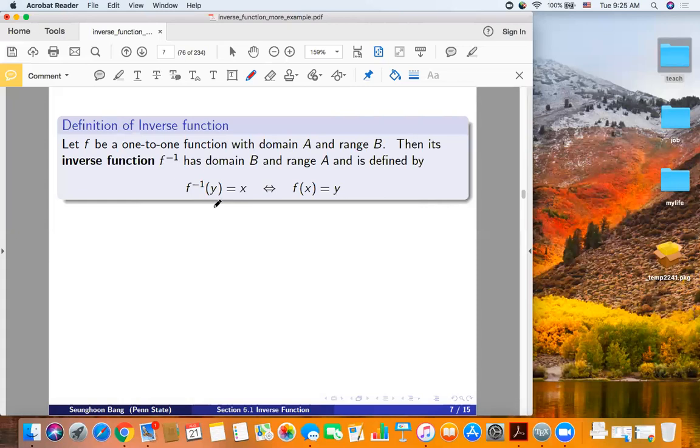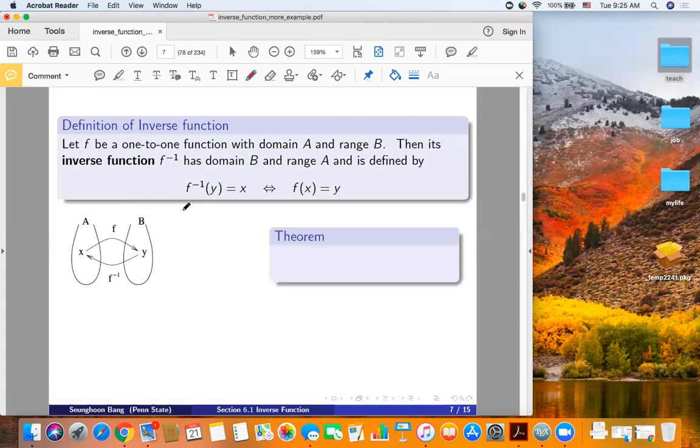So this is the inverse function. This is the exact definition. f is given, the inverse is going backward.